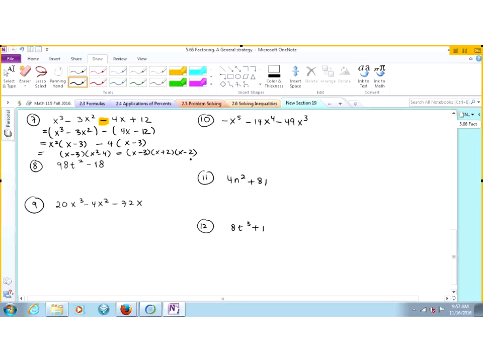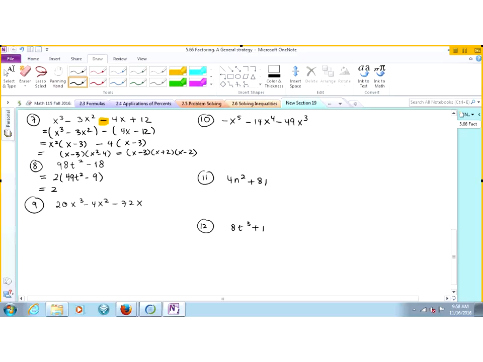All right. Now, number 8. Do we have any common factor? 2. And we're left with 49p squared minus 9. Okay. Is it 9? Yes. So can I still factor out 49p squared minus 9?